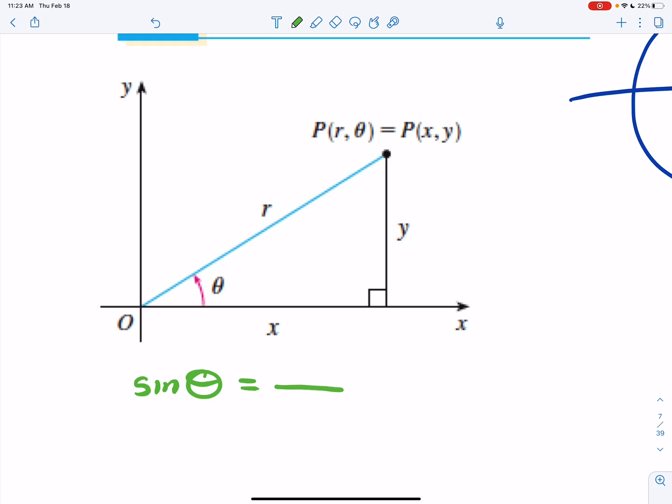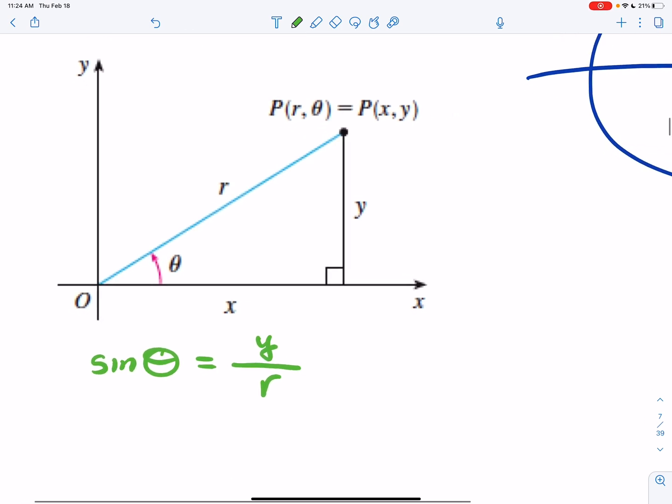It's been a long time since we've done trig, but think about that. Remember that sine theta is opposite over hypotenuse. In this case, the opposite is y. Across from the right angle is the hypotenuse, and right next to you is the adjacent, right? So I know that sine of theta here is really y over r.